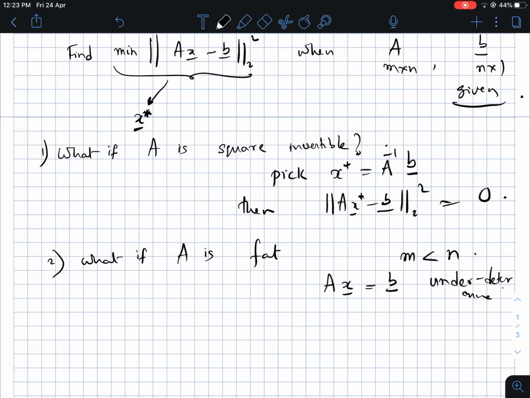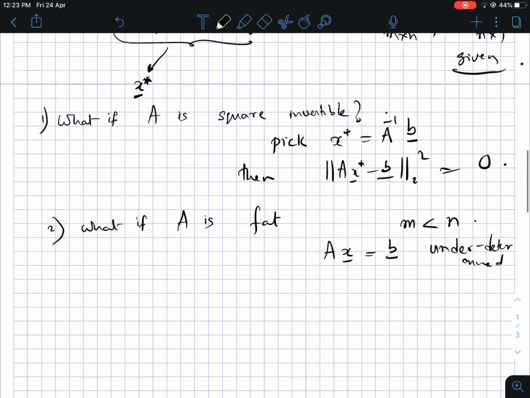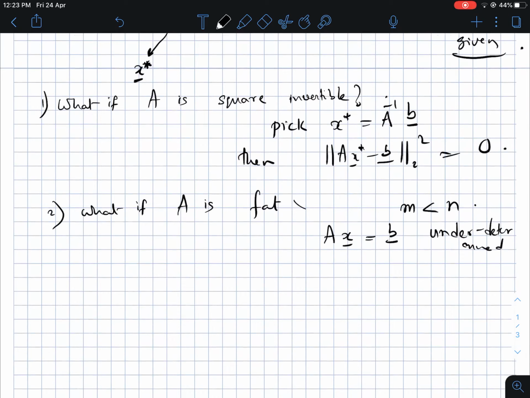In fact, if you assume that A is fat and full rank, just for simplicity, then you know that Ax equal to b always has a solution. In fact, it has infinitely many solutions. That follows from intuition, because the number of variables here is n, but the number of equations is m, which is less than n. It's an underdetermined system, so there is always going to be a solution to this problem.